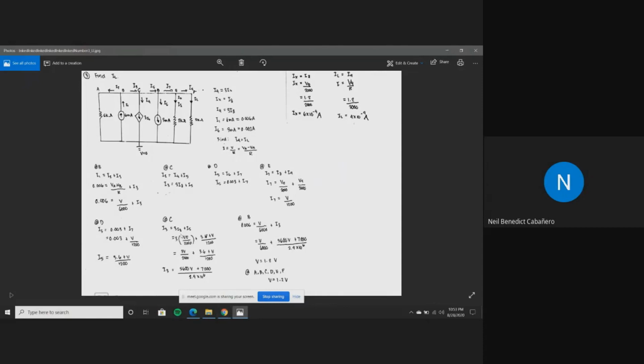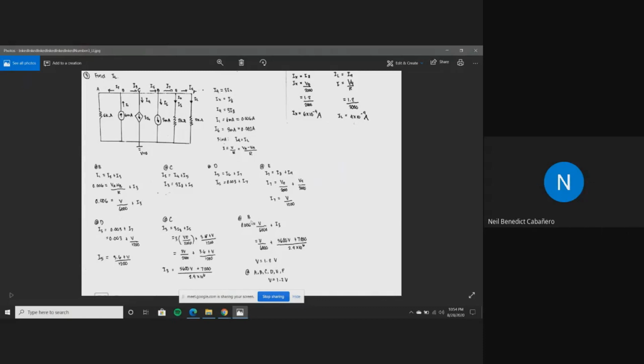So 3I8, which is VE over 2000, plus 3.6 plus V over 1200. So which gives us 3V over 2000 plus 3.6 plus V over 1200 is equal to 5600V plus 7200 over 2.4 times 10 raised to 6.